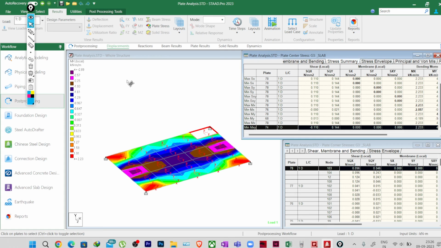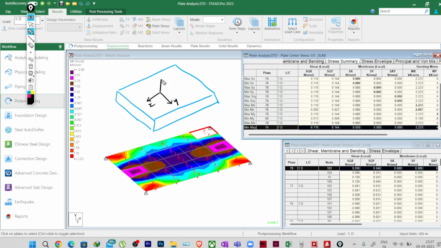Let me go to any wall, then that will be better, I guess. So let me show here itself. This is my plate. This is my axis, X, Y. Suppose Z is up. Now I have nothing to do with Z and all.